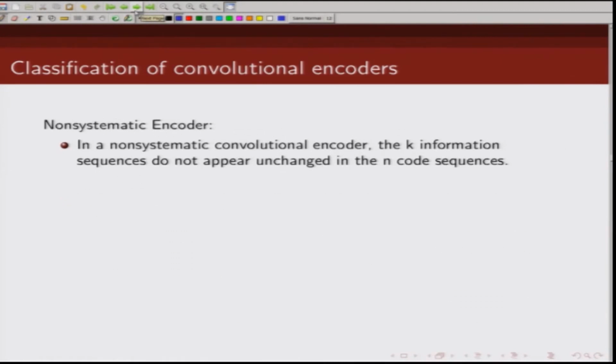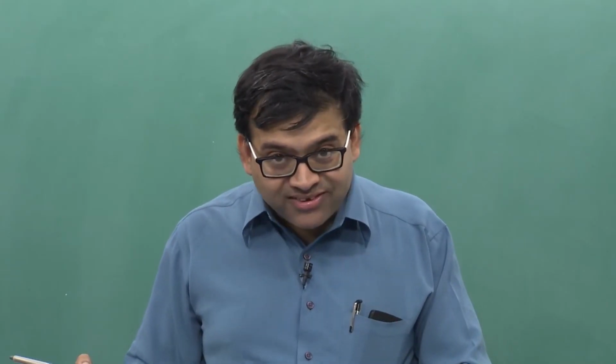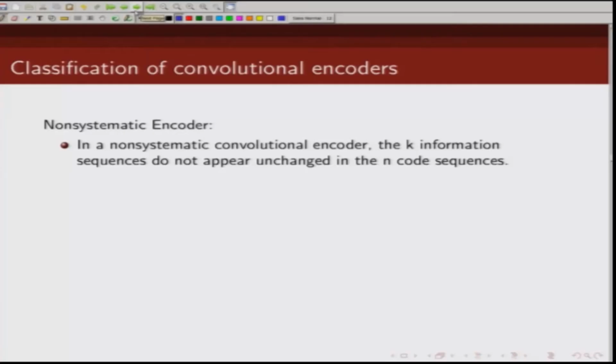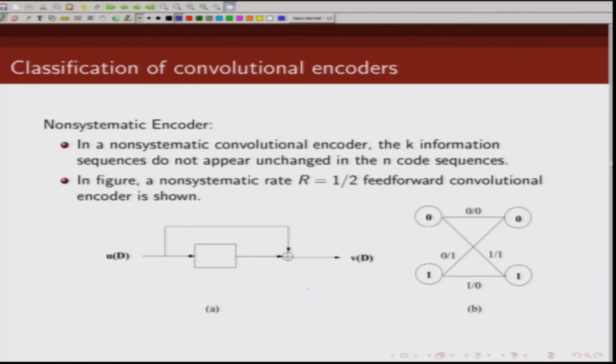As opposed to a systematic encoder, in a non-systematic encoder, we cannot separate out the k information bits from the n coded bits. This is actually a typo, this is a rate 1 code, because there is one input and there is one output. This is a rate 1 feed forward encoder.